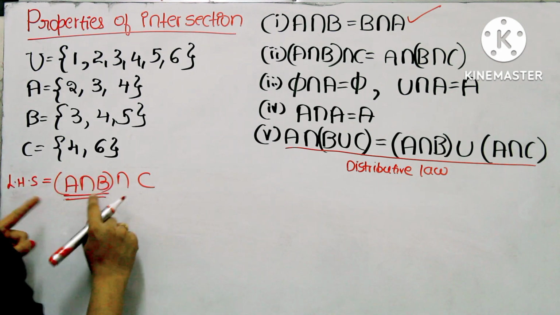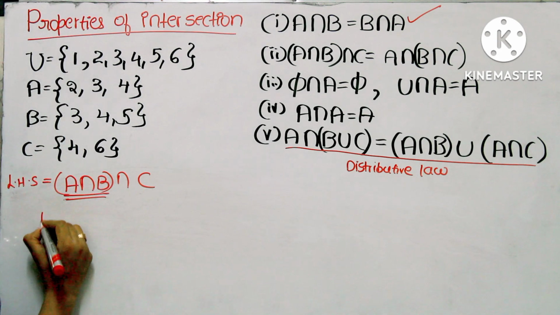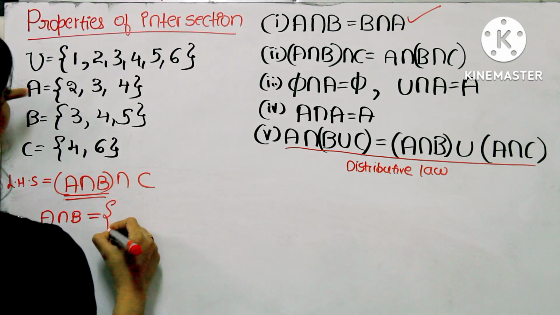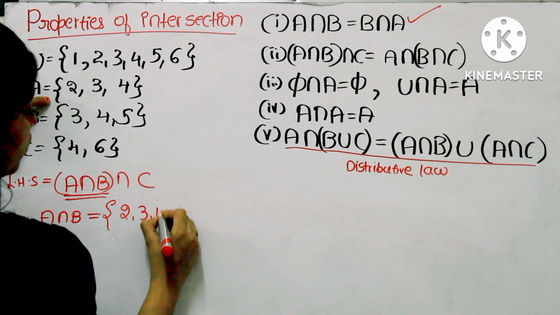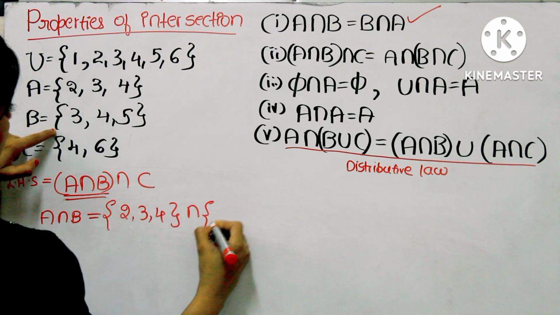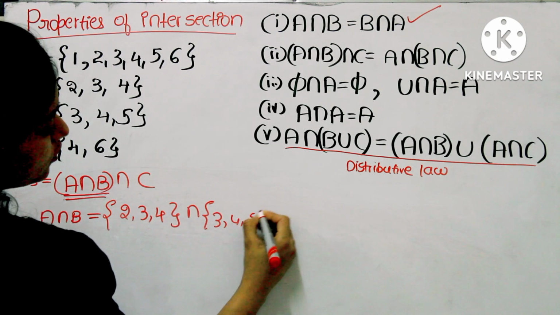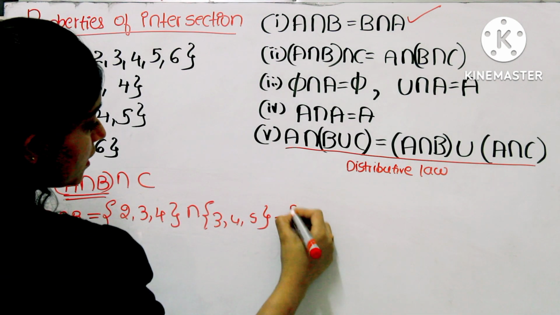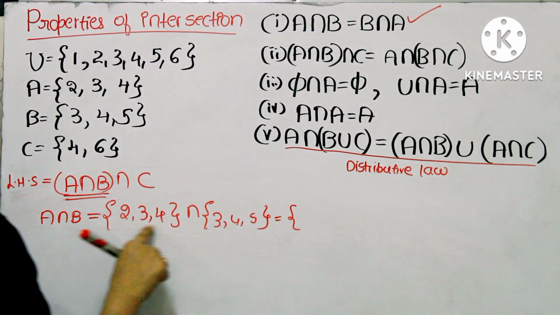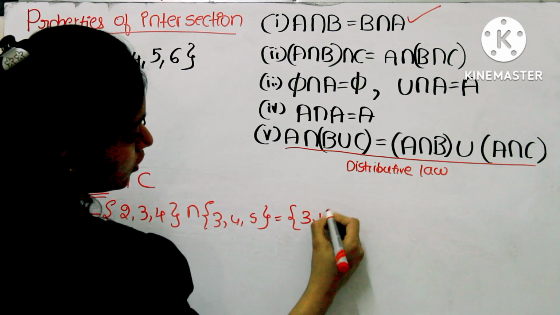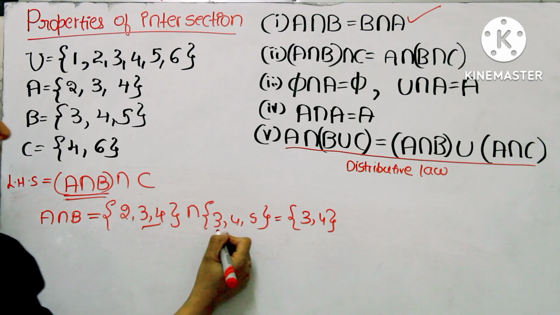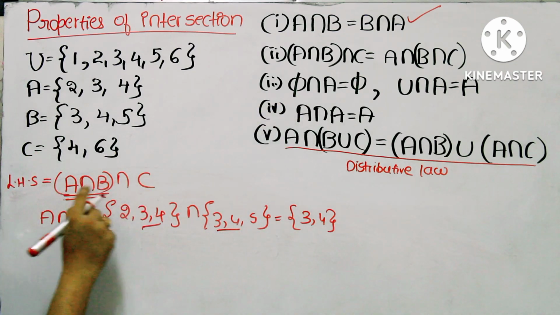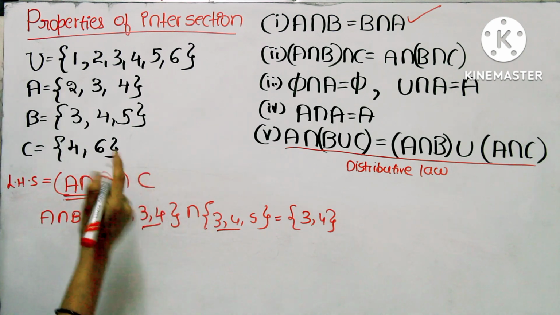First we will find A intersection B: 2, 3, 4 intersection 3, 4, 5. We did this in the last example. So A intersection B, you get 3 and 4, because the common terms are 3 and 4.